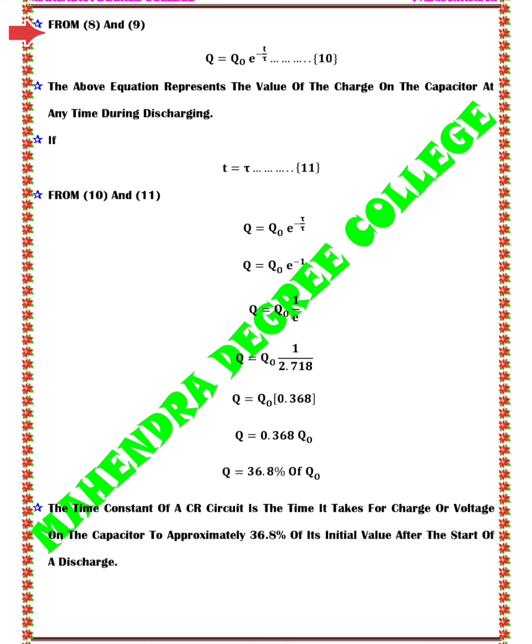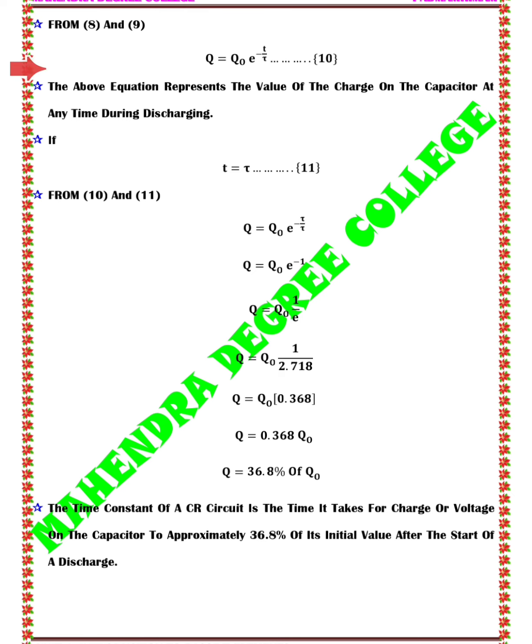From equations 8 and 9, simply CR is replaced by tau in equation number 8. We get Q equals Q naught e power minus t by tau. This is equation number 10.